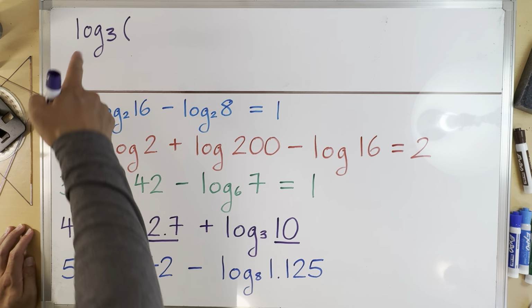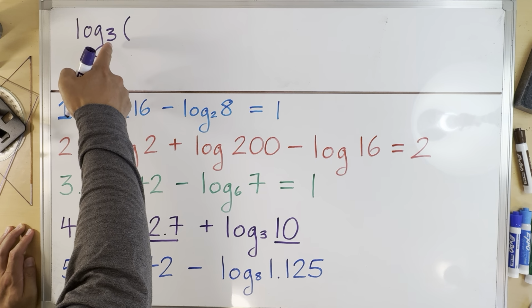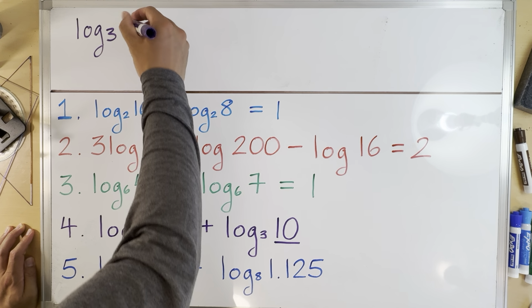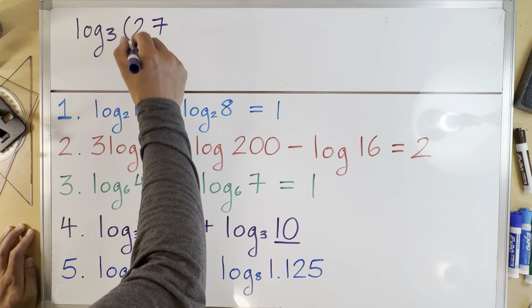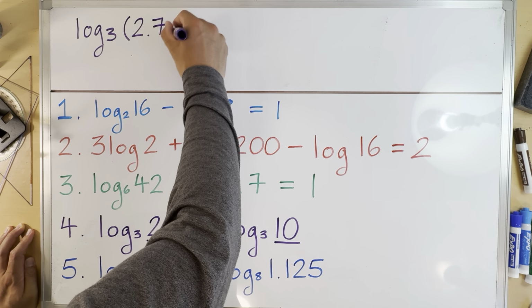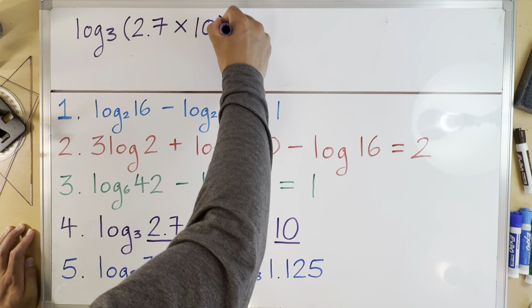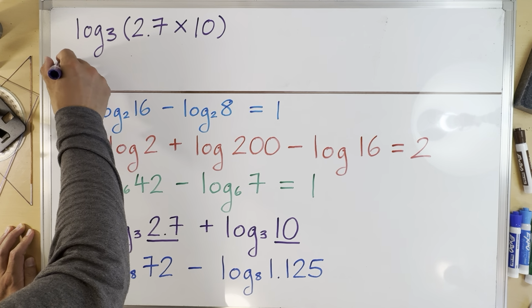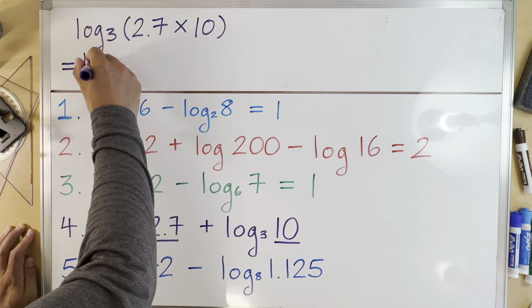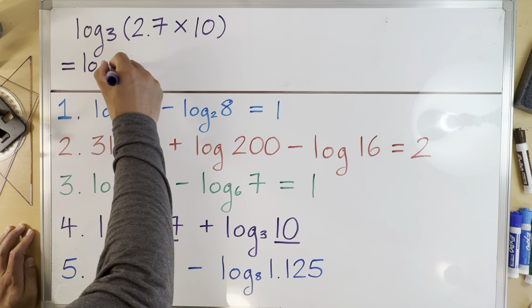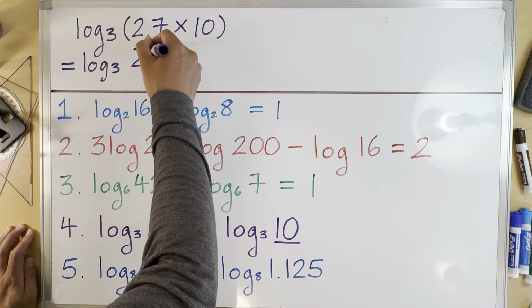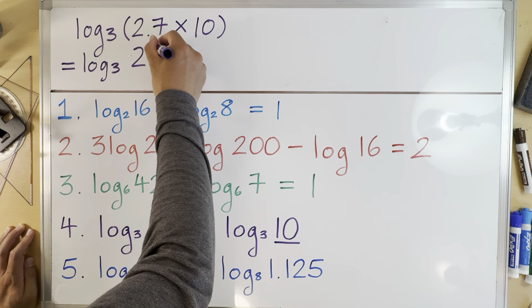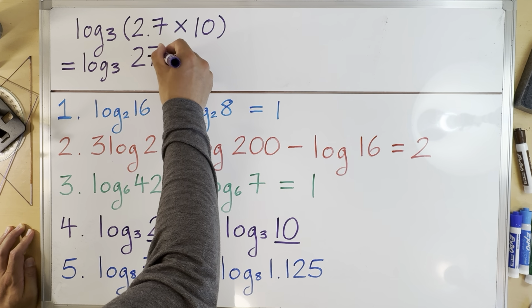So this will become the log base 3 of open bracket 2.7 multiplied by 10. That gives us the log base 3 of, not 2.7, but 27.